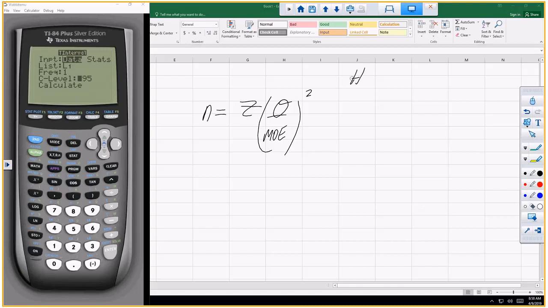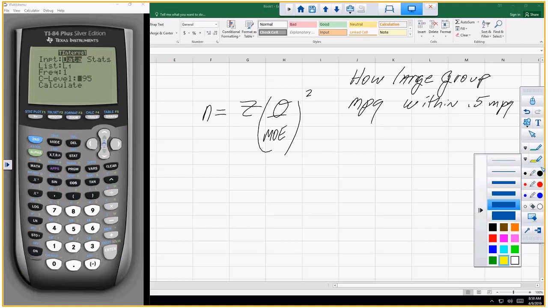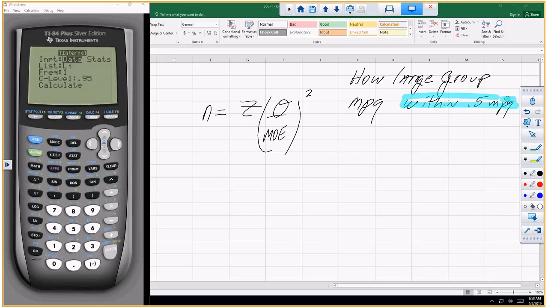How large of a group should we survey in order for the estimated miles per gallon to be within 0.5 miles per gallon, with a 95% confidence level? Highlight that 0.5, because whenever you see the word within, that's your margin of error.